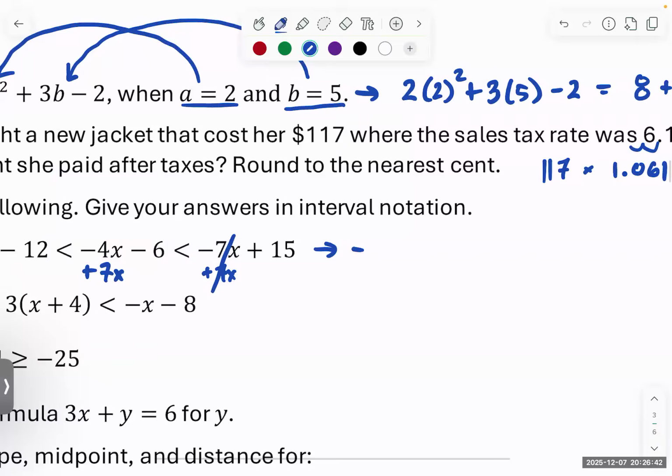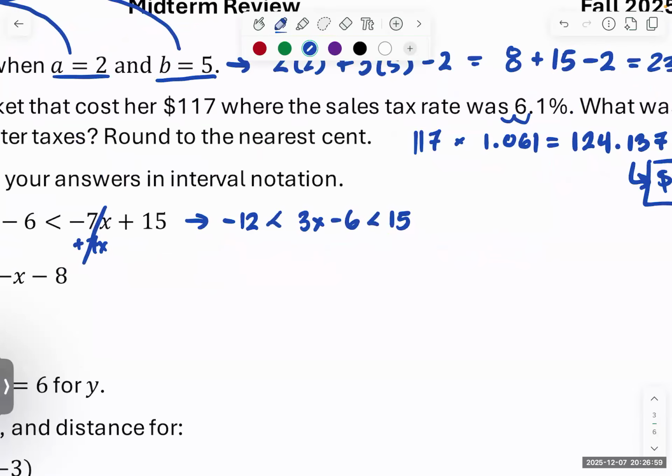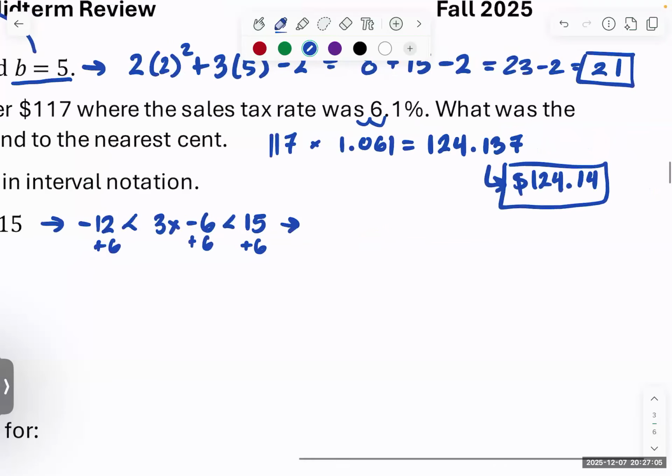This becomes negative 4x plus 7x, which is 3x minus 6, is less than 15. Now let's add 6 to both sides. You can also divide by 3 right away, but whatever you care to do first.